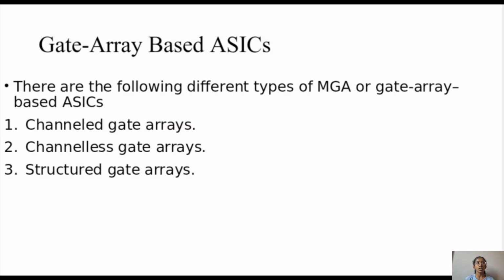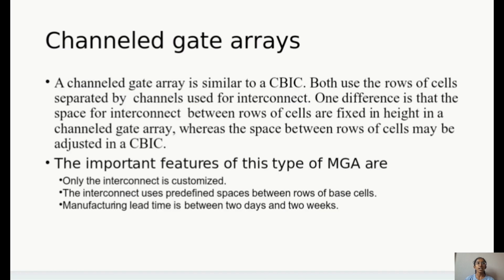There are three types of gate array based ASIC: channeled gate array, channelless gate array and structured gate array. A channeled gate array is similar to a CBIC. Both use rows of cells separated by channels used for interconnect. The one difference is that the space for interconnect between the rows of cells is fixed in height in a channeled gate array, whereas the space between the rows of cells may be adjusted in a CBIC.